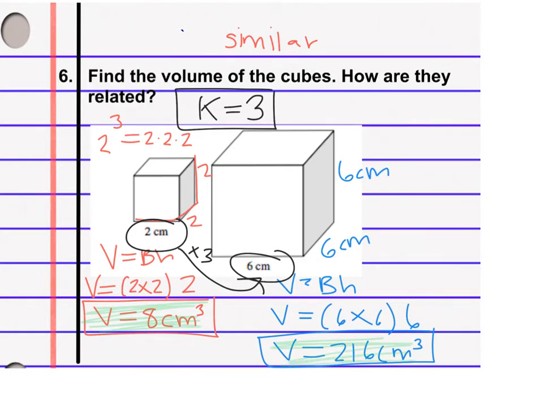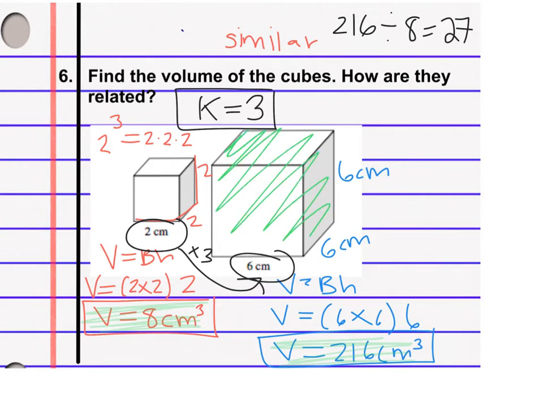If I do 216 divided by 8, I get 27. So the volume of the larger cube is 27 times as big as the small cube. So that is different than my scale factor of 3. But can we think of any way that 3 and 27 are related?